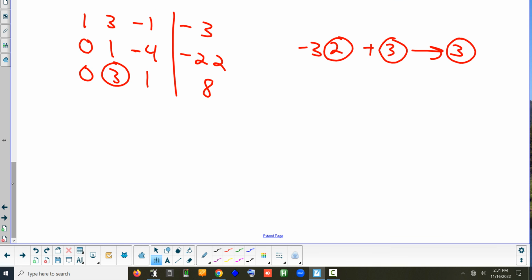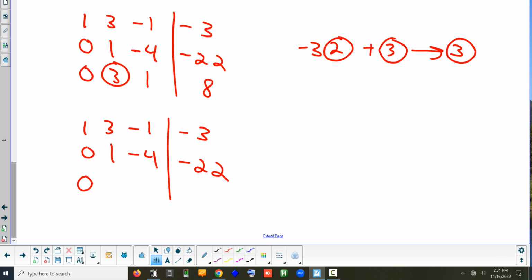Okay, what rows are staying the same? 1 and 2. So let's just copy those over. Row 2, 0, 1, negative 4, negative 22. Okay, multiply by negative 3, and then add to the bottom. What's 0 times negative 3? 0. Plus 0. 0.